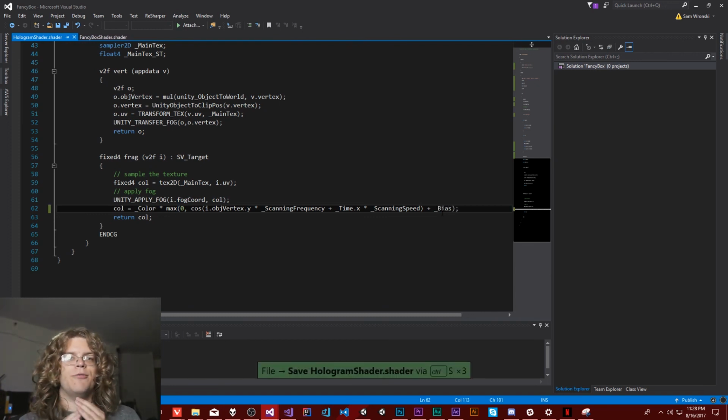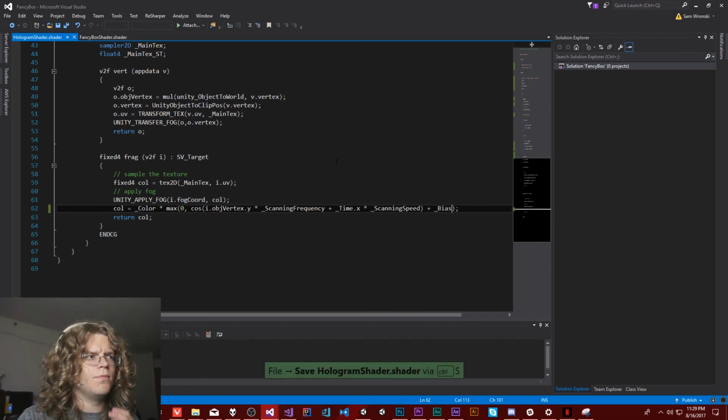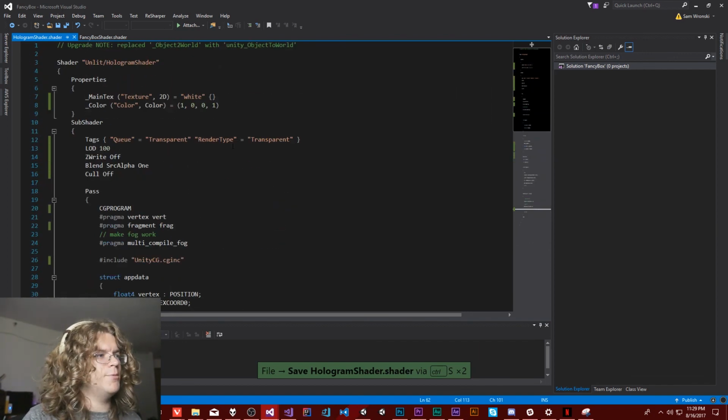And so this bias, if we make it negative, it's going to make those actual lines that are drawn smaller. If we increase the bias, it will make it thicker. And if we increase it all the way to 1, then we just get a solid glowy thing, which probably isn't what we want, but it's possible.